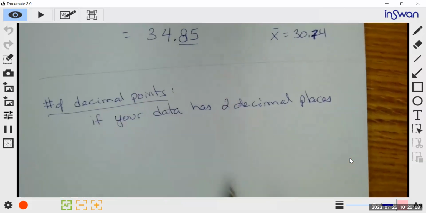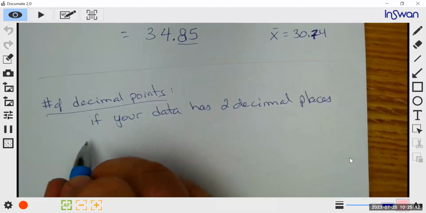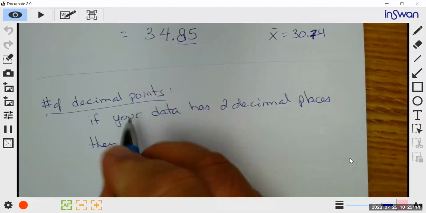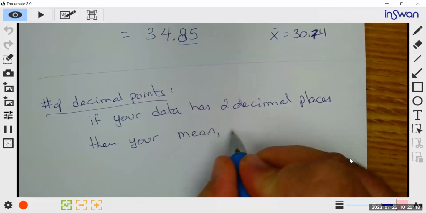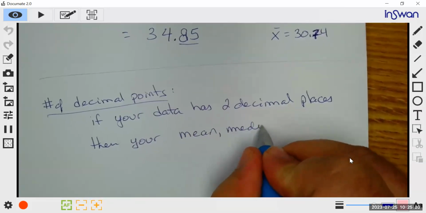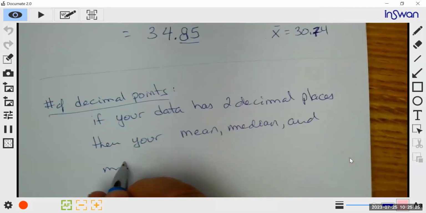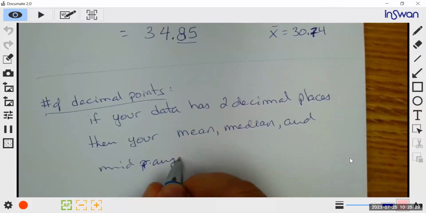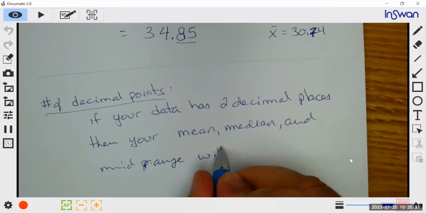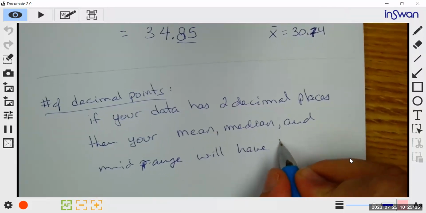So if your data has two decimal places, then your mean, median, and midpoint or mid-range will have one more.